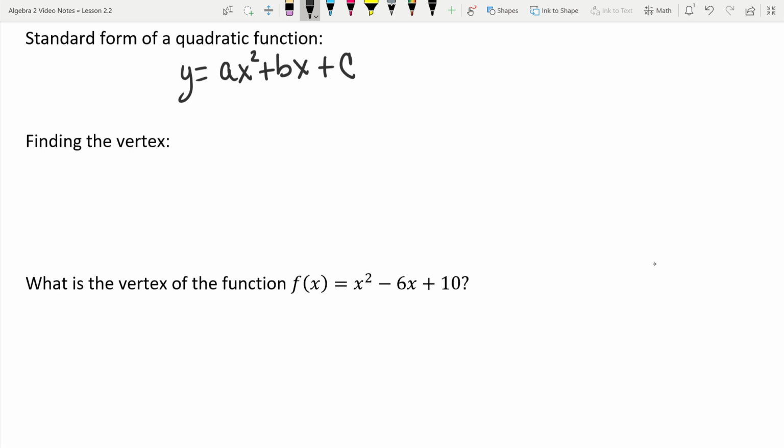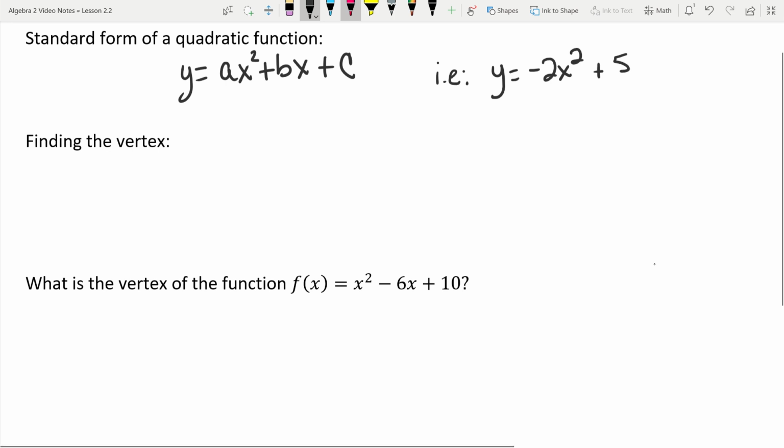So how do we find the vertex if we're given something that looks like this? So I'll give you an example of something that's in standard form. So y equals negative 2x squared plus 5. In this example, so if this is a, then that means a is negative 2.